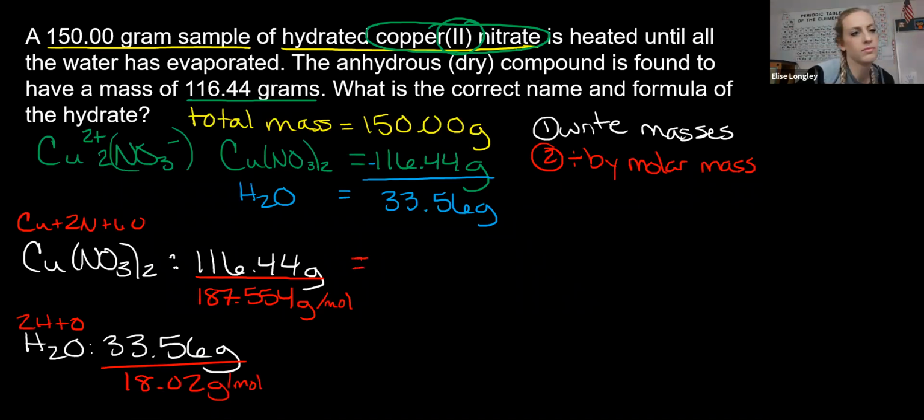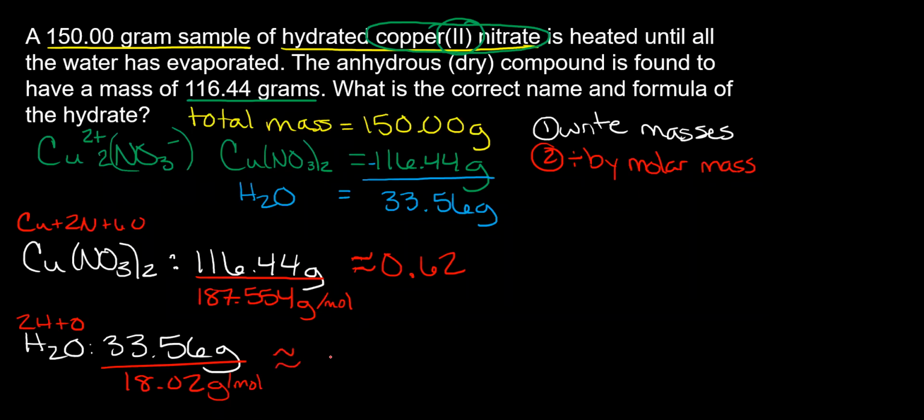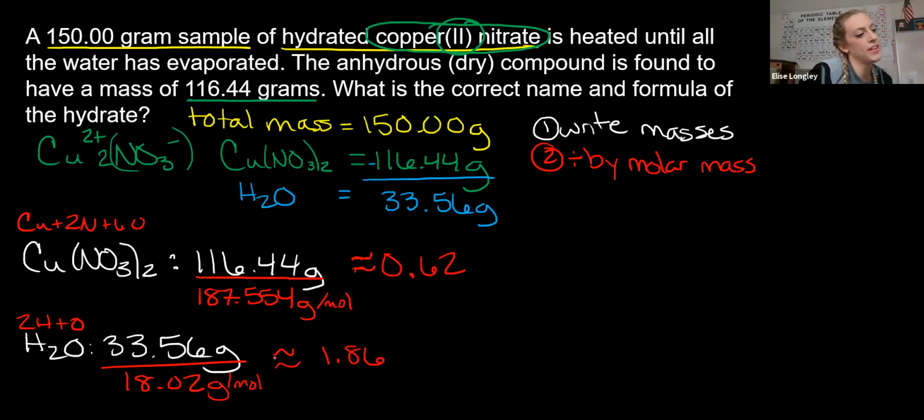I got 0.62. 0.62-ish, right? We technically don't round until the end, but we know we're going to end up with a ratio anyway, so it's all right. What about water? 1.86-ish. Yeah, that's fine. We can do the ish like that.